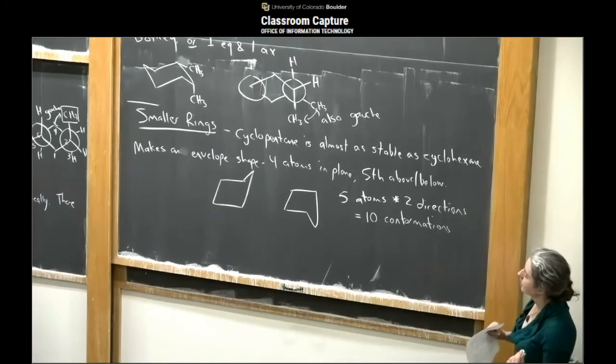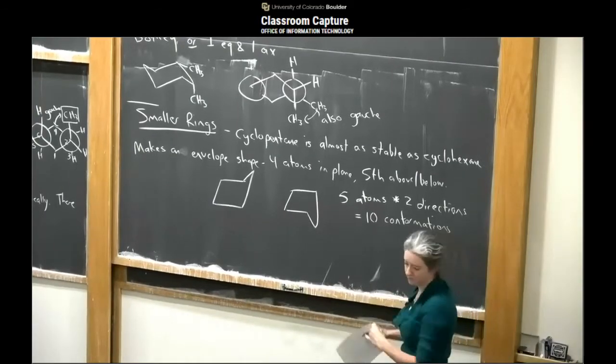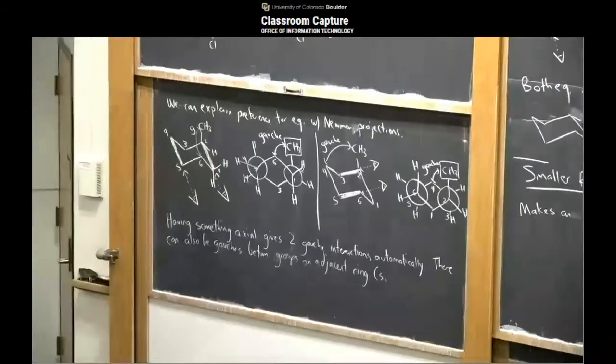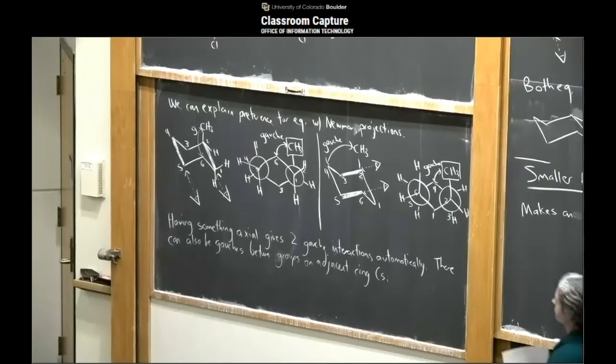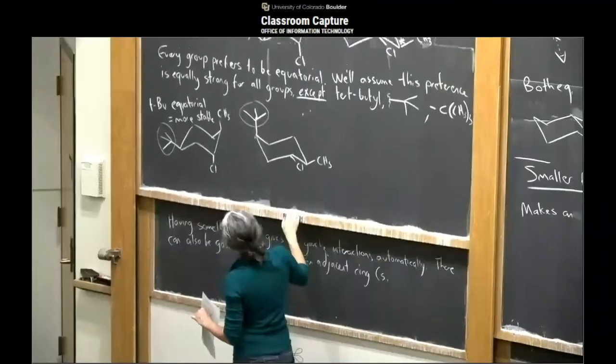I don't think I actually talked about how we do the chair flip, sorry, so I'm going to cut back just a little bit here and talk a little more about chair cyclohexane because I think I skipped that last time.